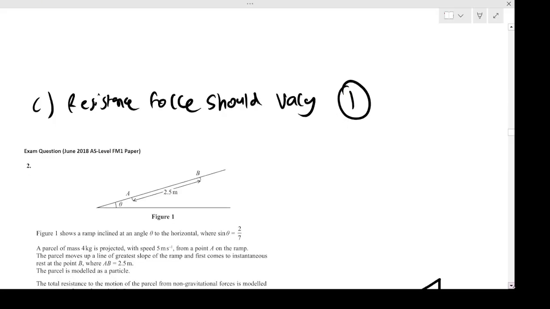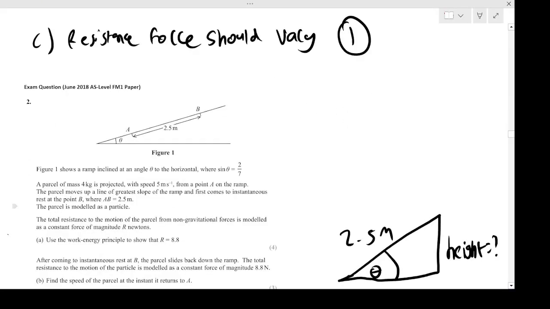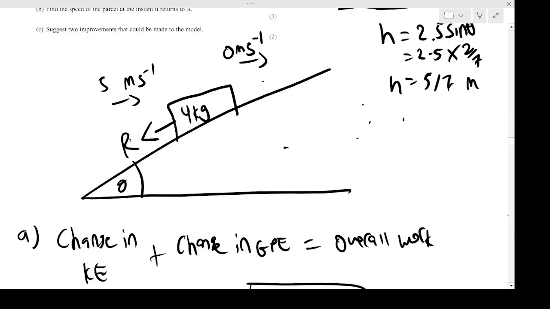The second one is that we used g, when we talk about the GPE being mgh. Technically, g is a really large decimal. I'll see if I can find the value quickly.